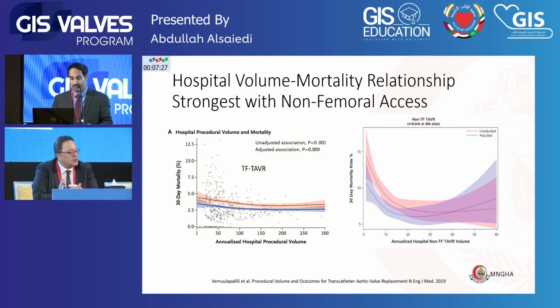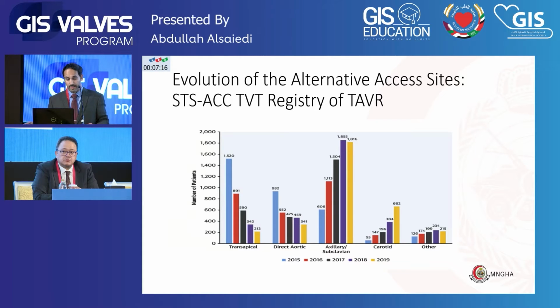And we know basically from the TVT registry that using transfemoral access, in addition to hospital volume, has been associated with better outcomes when compared to non-femoral accesses in TAVR. And there has been a selection in the use of alternative access when we look at the STS-ACC TVT registry for TAVR.